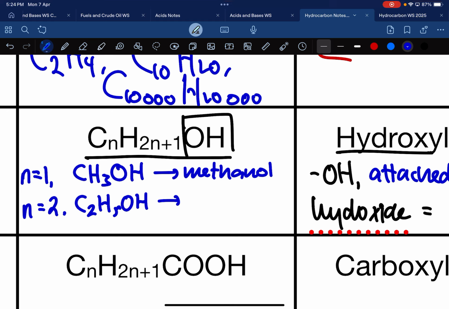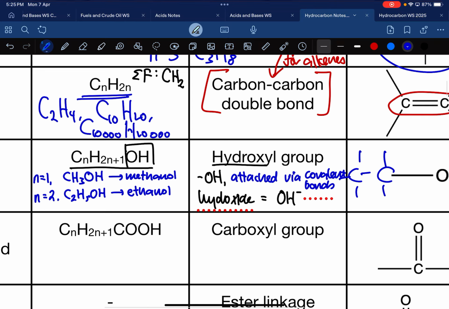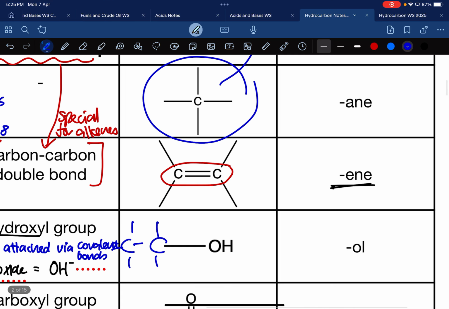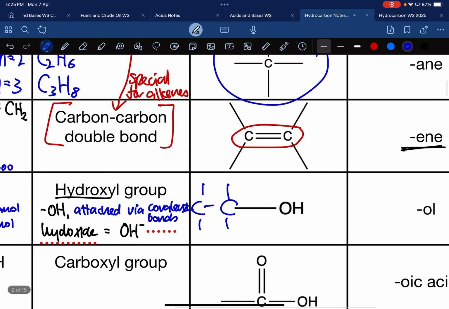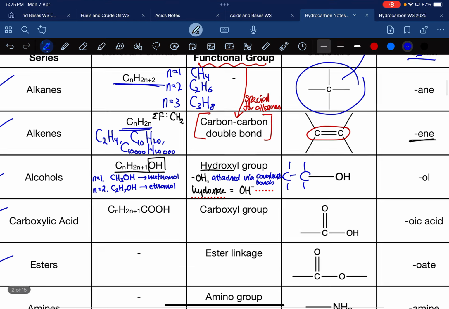What's it called? It is ethanol. We talked about it quite extensively in the previous topic, remember? Because it is your source of biofuel, the one that you put into biofuels. So alkane -ane, alkene -ene, alcohol -ol. Methanol, ethanol. Easy?